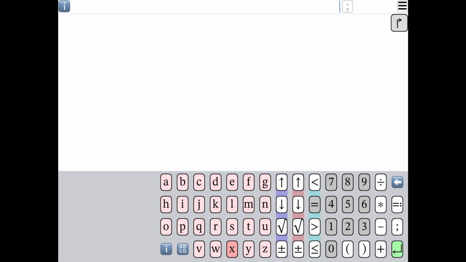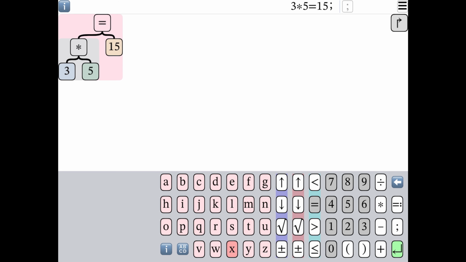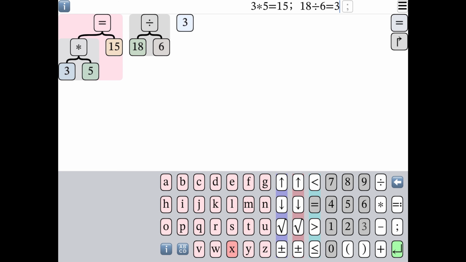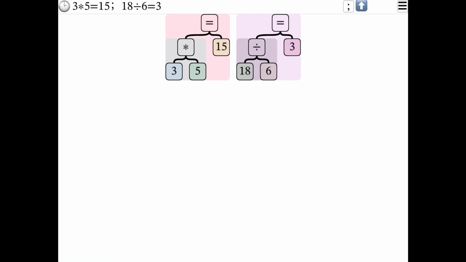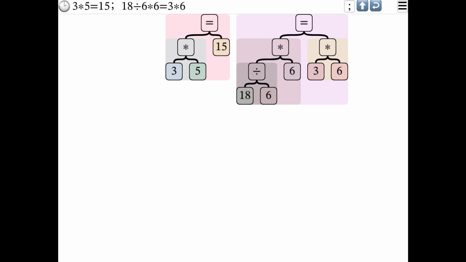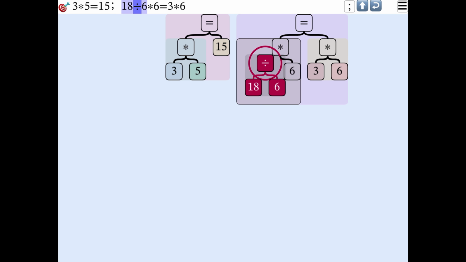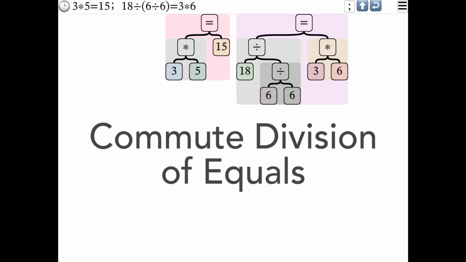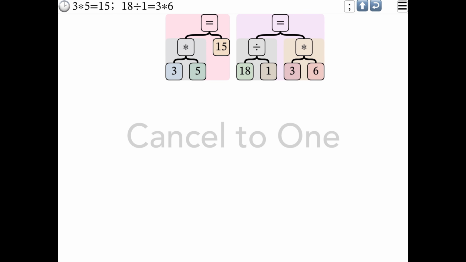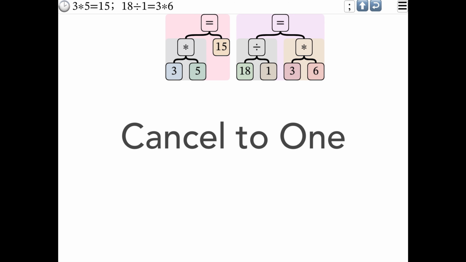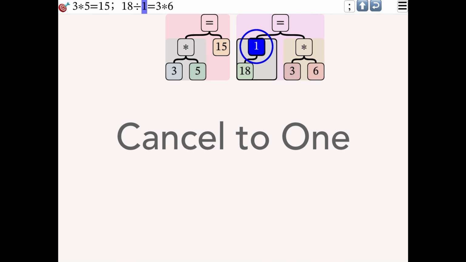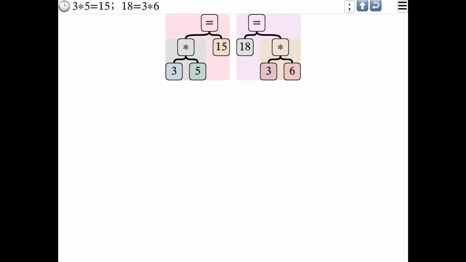This also works for multiplication and division. Now we're creating 1 by canceling, and then making that 1 go away by dragging it onto the division operator.